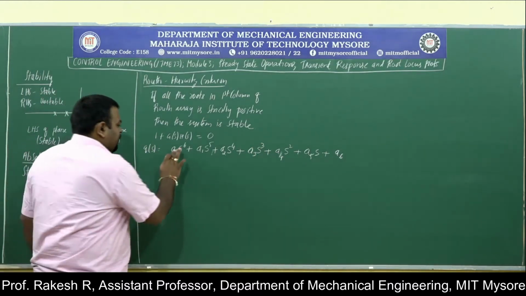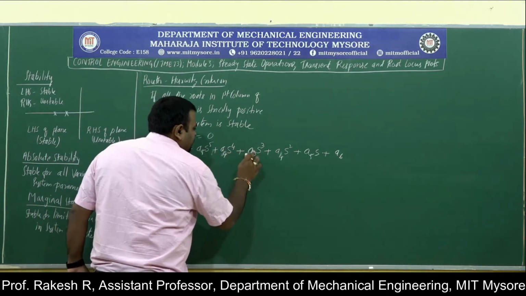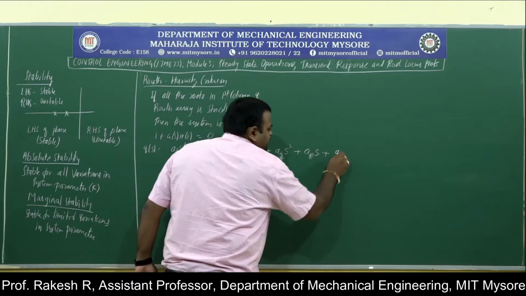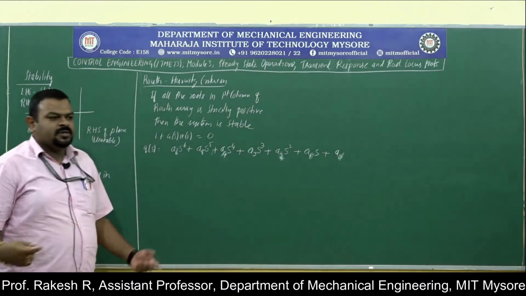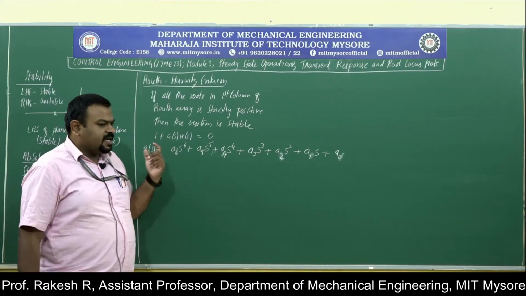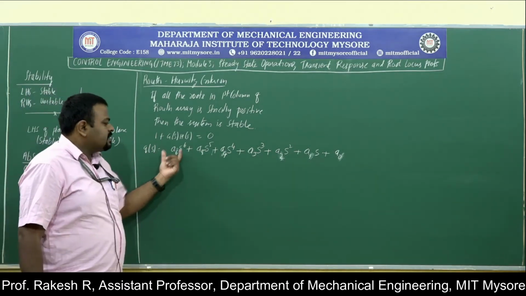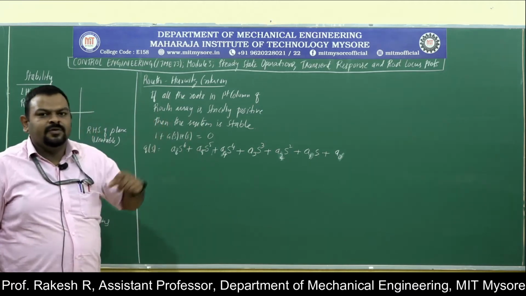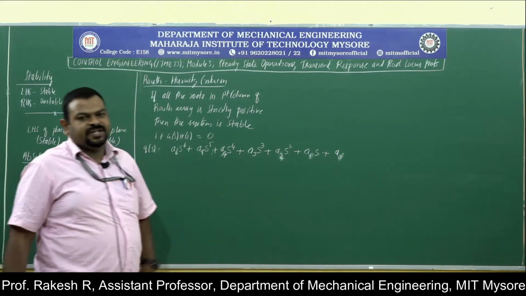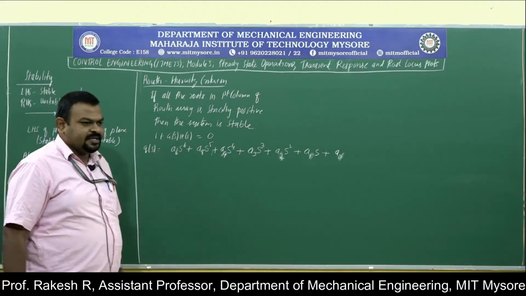For simplification, I will write the coefficients as a6, a5, a4, a3, a2, a1 and a0, to have a good differentiation between the powers of s and the coefficients of the corresponding terms. It can be anything; generally it will be a polynomial equation of n degree. I have taken 6 degrees here.